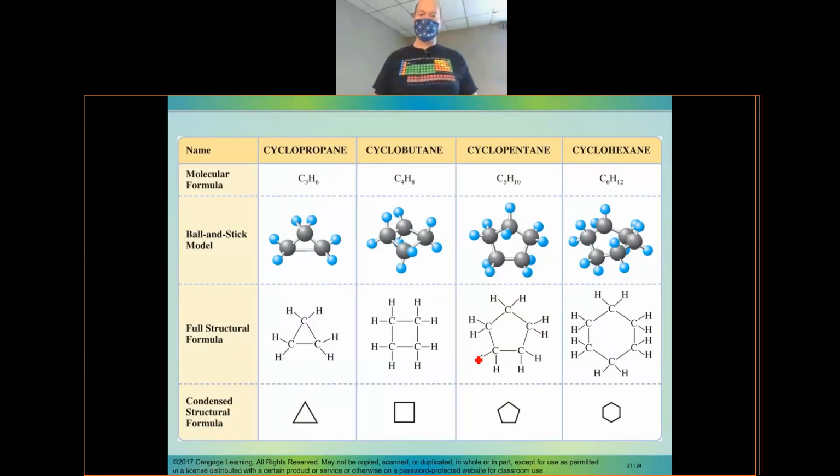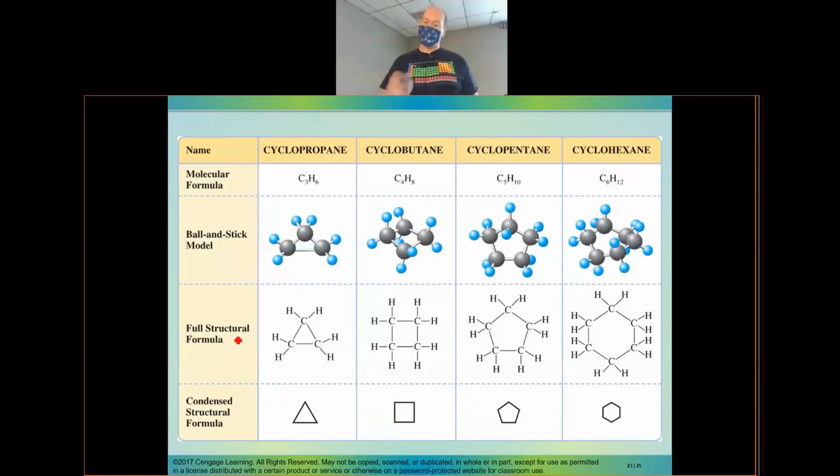All right, they just list a couple more. You got your cyclopropanes, your cyclobutanes, your cyclopentanes, your cyclohexanes. This one gets confused many times with benzene. A cyclohexane does not have alternating single and double bonds. But a benzene ring is a 6-membered ring.